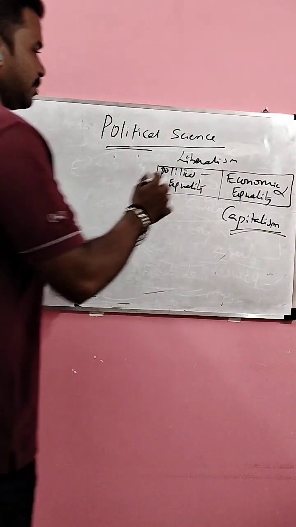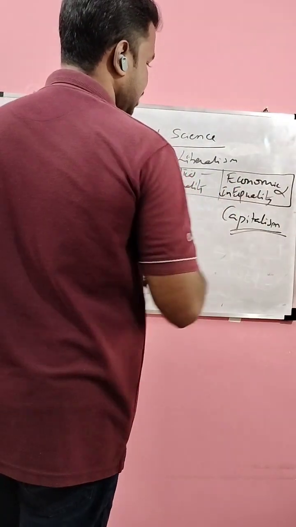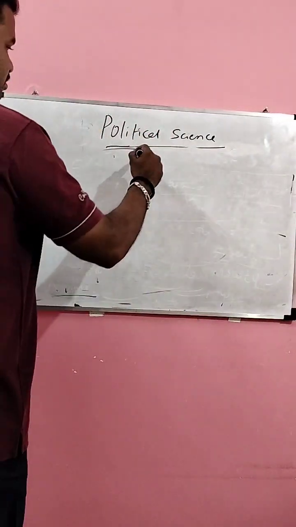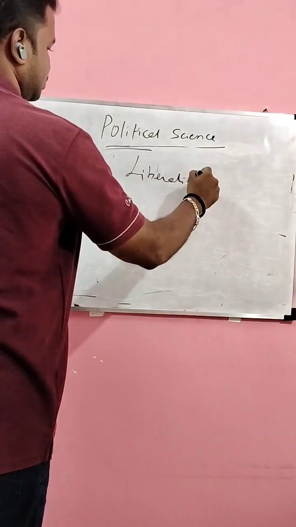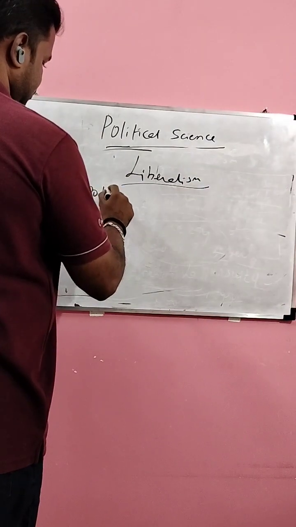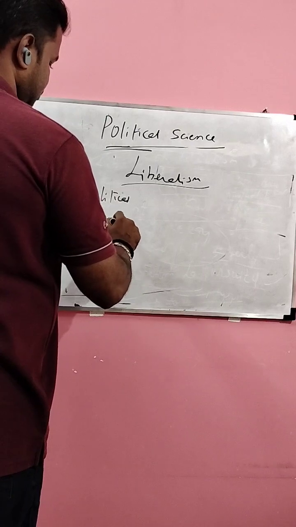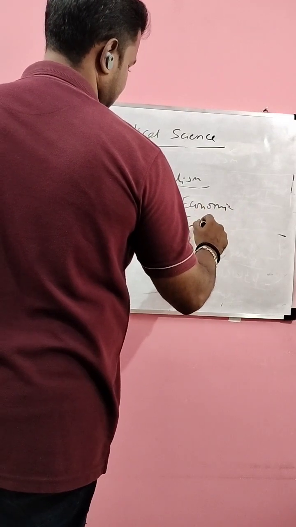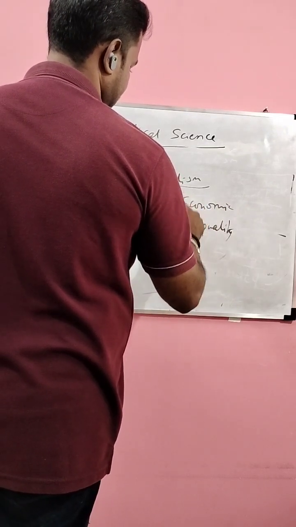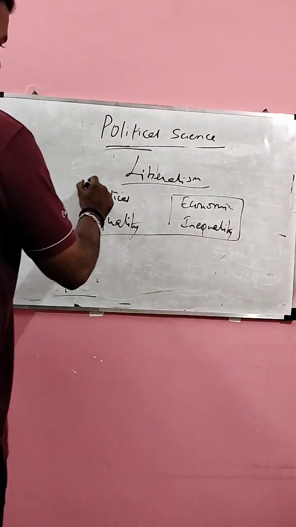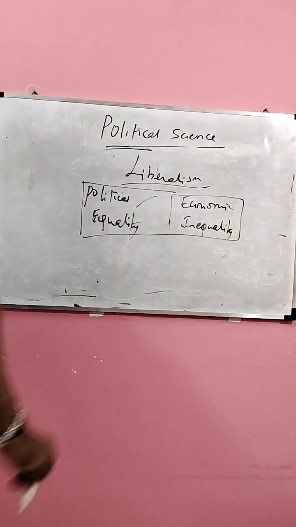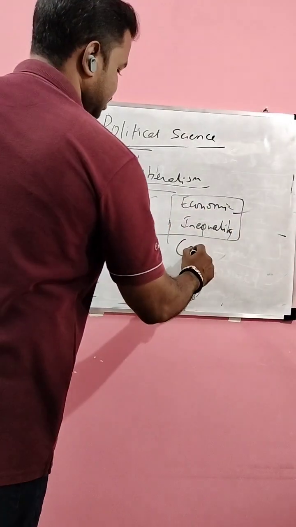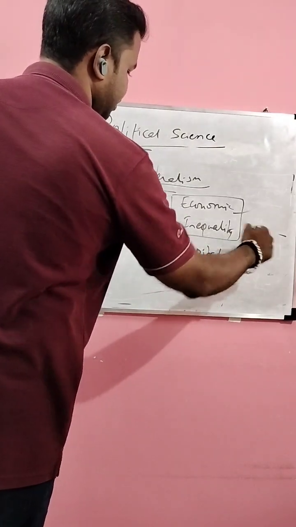So, through capitalism, you are able to see economic inequality in liberalism. Political equality accepted, but economic inequality accepted. Capitalism is a philosophy accepted by liberalism.